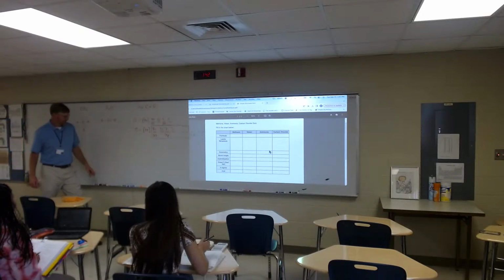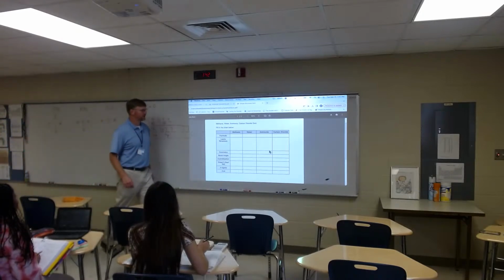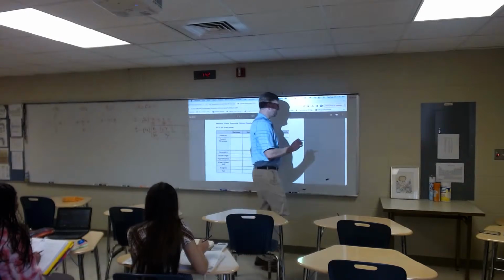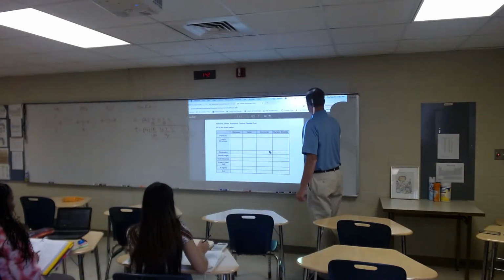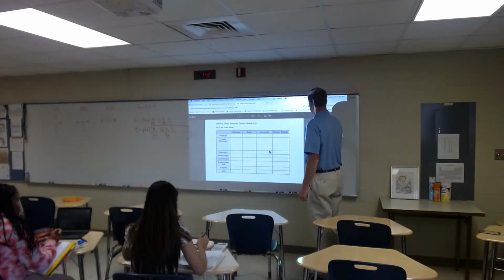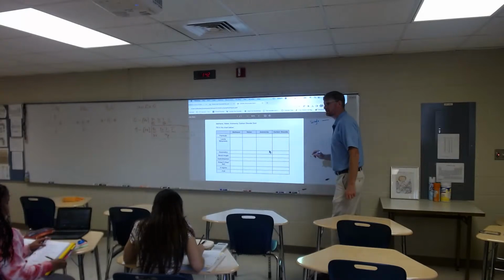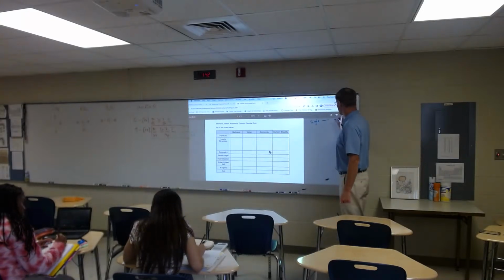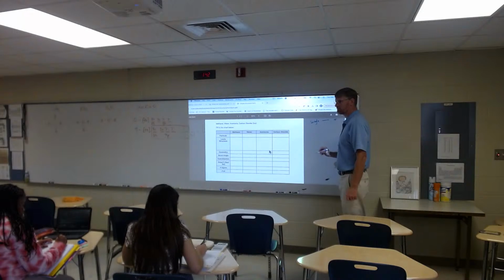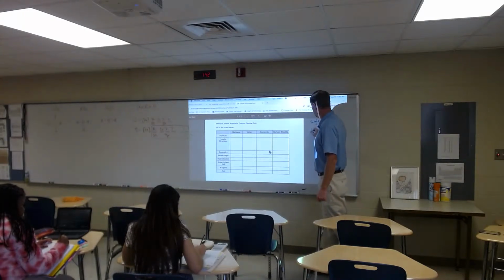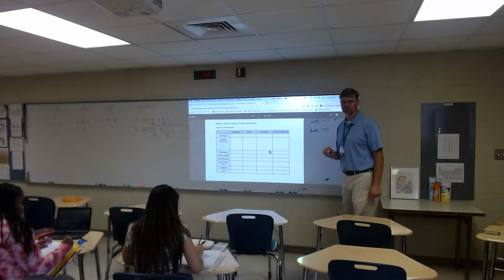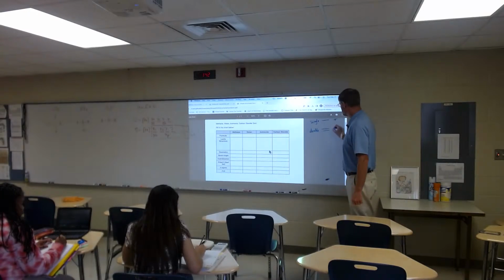So let's talk about sigmas and pi's right quick. A single covalent bond, symbolized by a single line, is a sigma bond, with the Greek letter sigma. A double bond, symbolized by 2 bars, is a sigma bond and a pi bond.